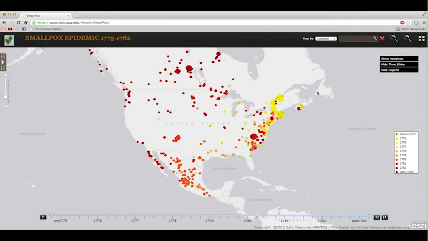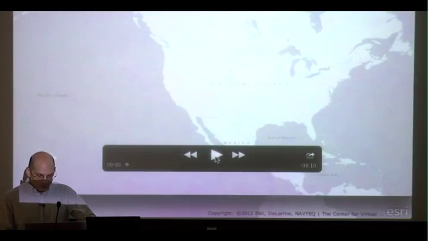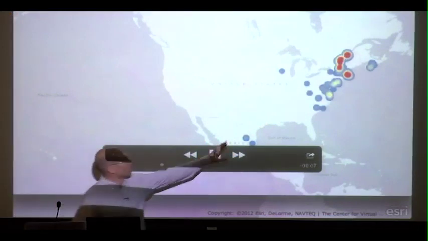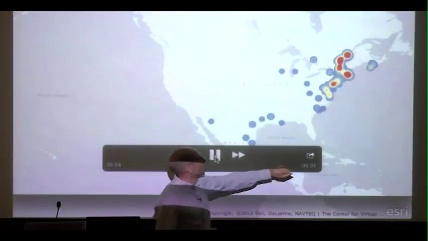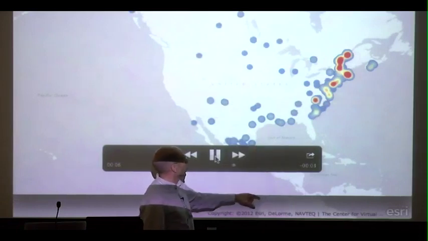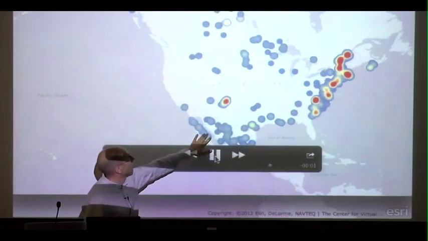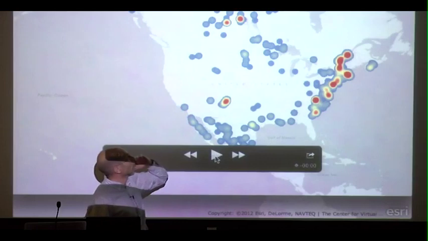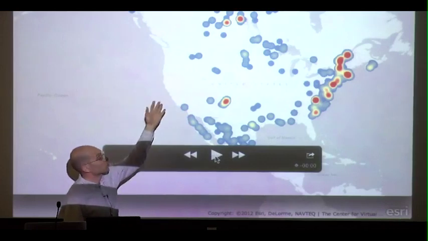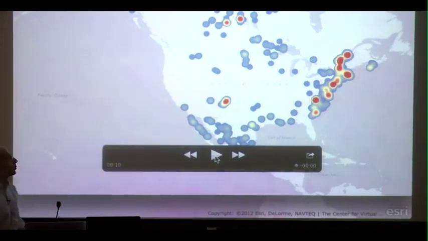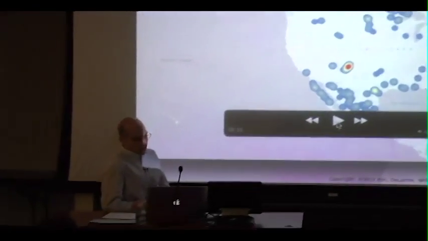So let me, just to get us started, show you a video of a heat map showing the outbreak of the disease first in the northeast, and then moving down the Gulf Coast, eventually down into Mexico, and then up through the heart of the Great Plains, we believe, eventually culminating in present-day Saskatchewan and Manitoba.